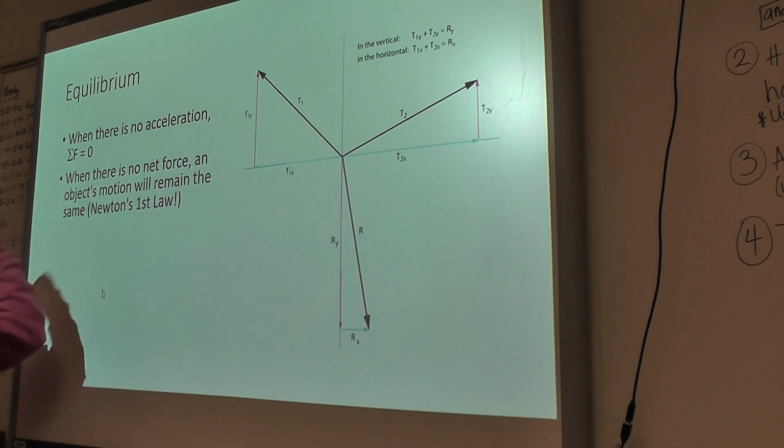That's where Newton's first law comes from. If there's no overall force on an object, then its acceleration will be zero. If its acceleration is zero, then it'll stay at rest if it's not moving, and it'll keep moving at the same speed in the same direction if it's already moving.